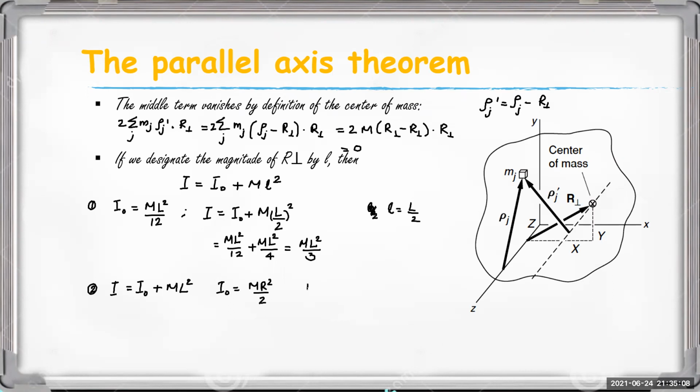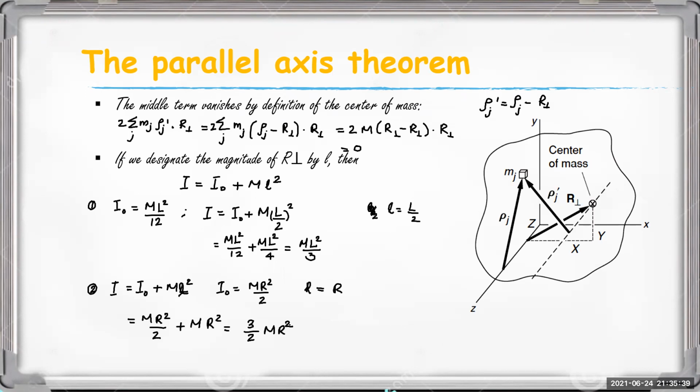And what will be the distance? The distance between the axes must be equal to the radius. Then m r square divided by 2 plus m into r square must be equal to 3 by 2 m r square.